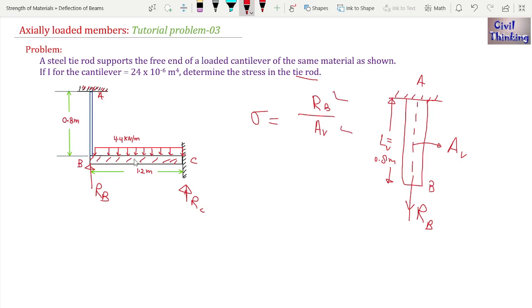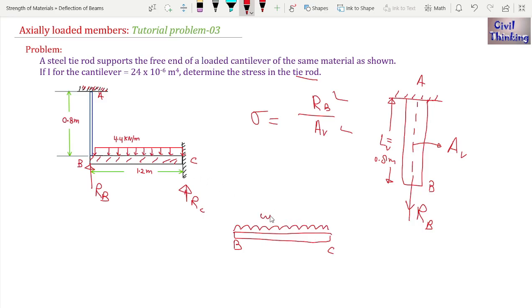First of all, let me draw the free body diagram of this cantilever. Let me say this is the cantilever, this is B and this is C. This is the free body diagram, and you have a load acting here. This is a UDL load, as you can see here, it is 4.4 kilonewton.